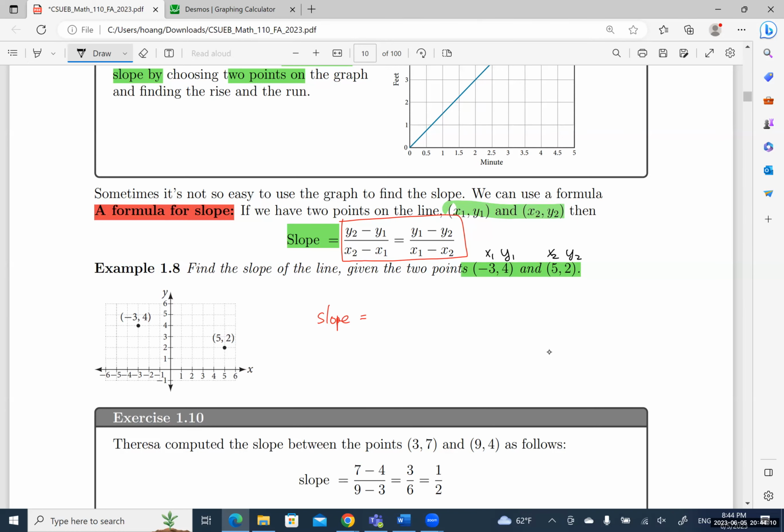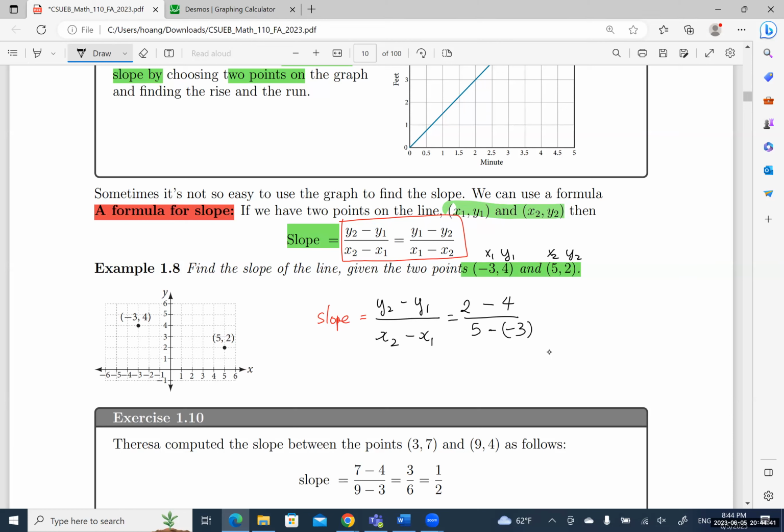I'm going to use y2 minus y1. And since I'm using y2 minus y1 on the top, then the bottom must be using x2 minus x1. Because of that, now I'm just going to substitute: y2 is 2, minus y1 is 4, x2 is 5, x1 is -3. Make sure I minus.